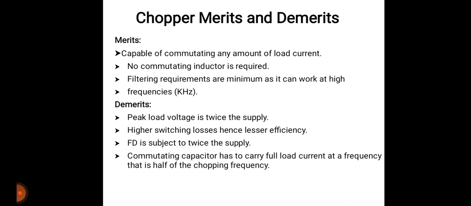And the demerits of the chopper are that peak load voltage is twice the supply. It needs higher switching losses, hence lesser efficiency. Also, the freewheeling diode is subject to twice the supply voltage. The commutating capacitor has to carry full load current at a frequency that is half the chopping frequency.